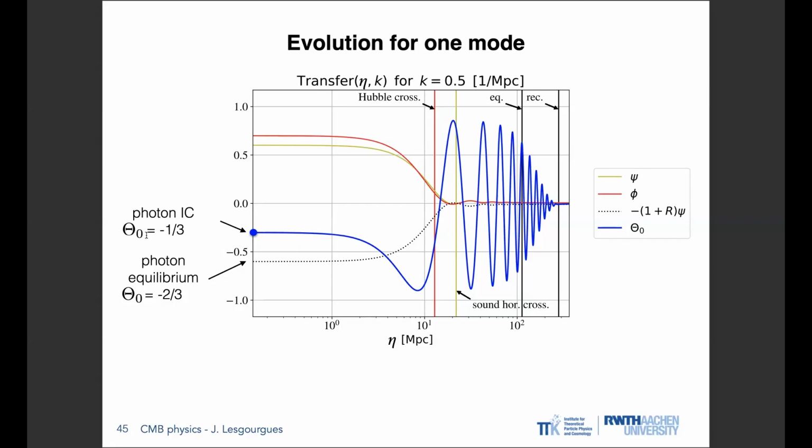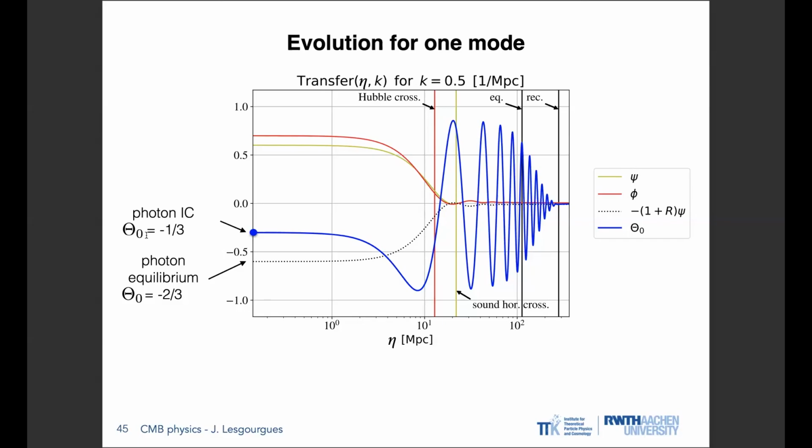But of course, this damping depends on the wavelength of the mode compared to the diffusion length at recombination. If the mode has a wavelength much larger than the diffusion length, it will not be affected by damping. If it has a wavelength smaller than the diffusion length, it will be completely washed out. And clearly here, for this mode k, which is at a relatively small wavelength, there is a complete washing out of the fluctuation before recombination.